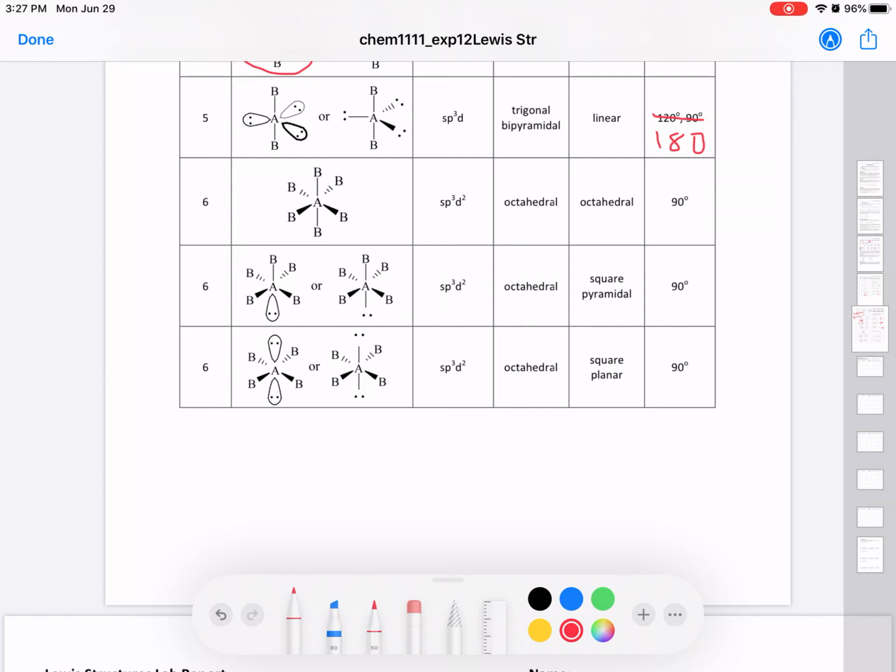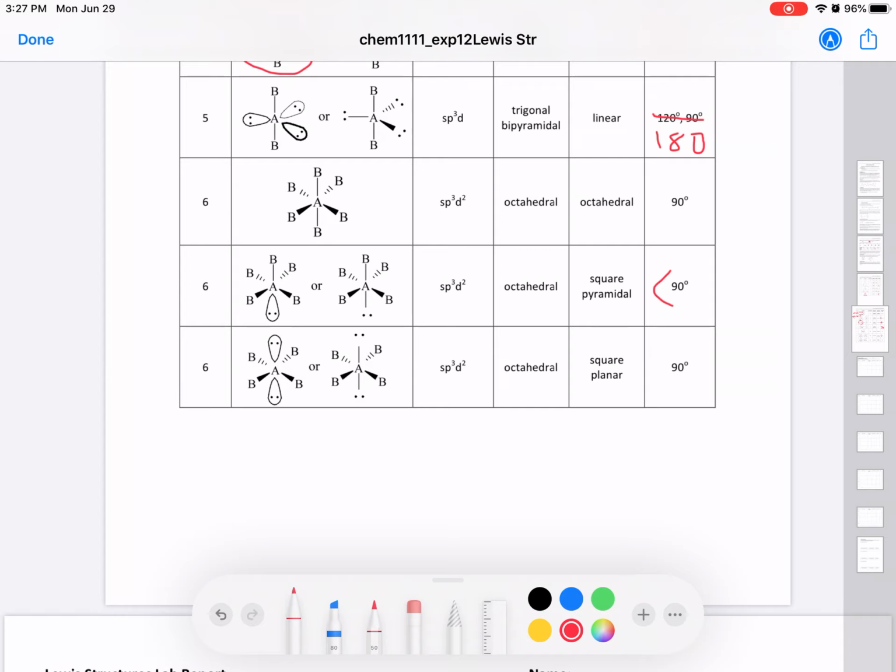It's like you have a square, and then the axial B will make a pyramid, so square pyramidal. And the bond angles are going to be 90. In fact, it could be a little bit less than 90 since the lone pair repels.